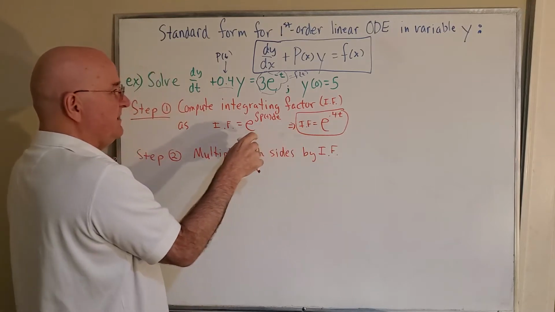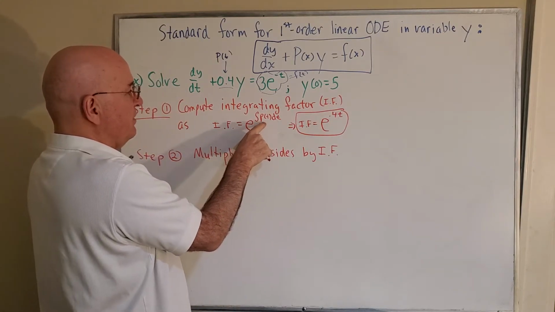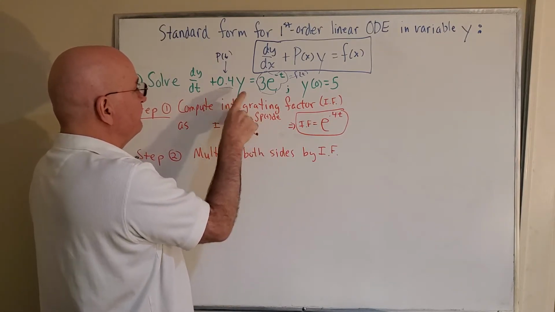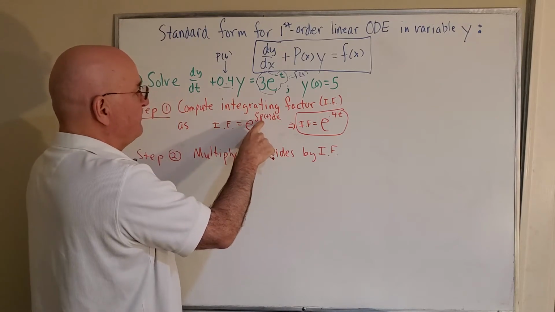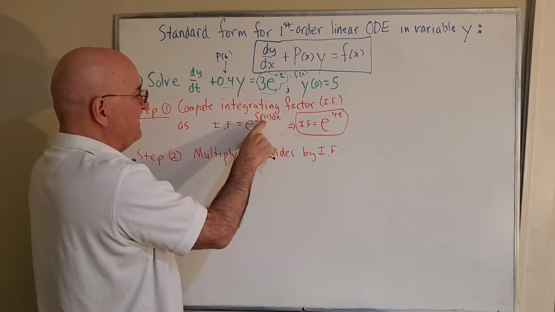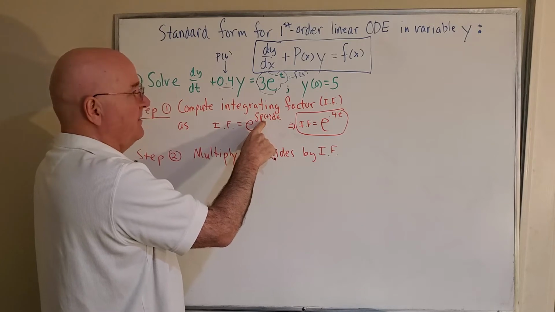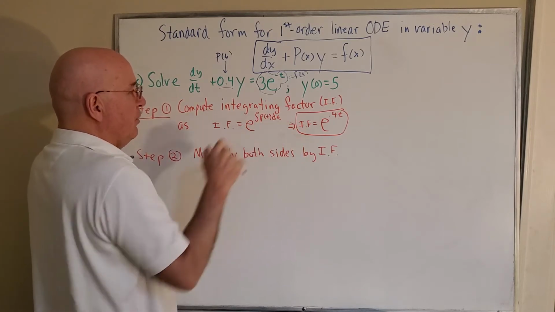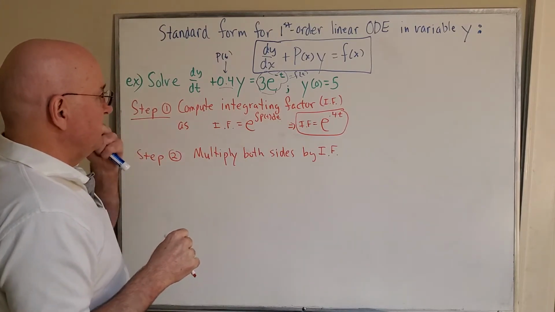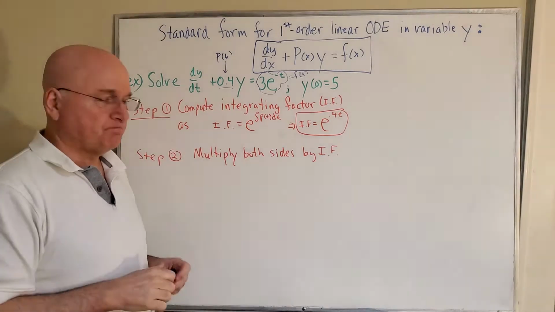So all I did here is, what is the integral of 0.4? The integral of 0.4 dt is just 0.4t. So this is our integrating factor.